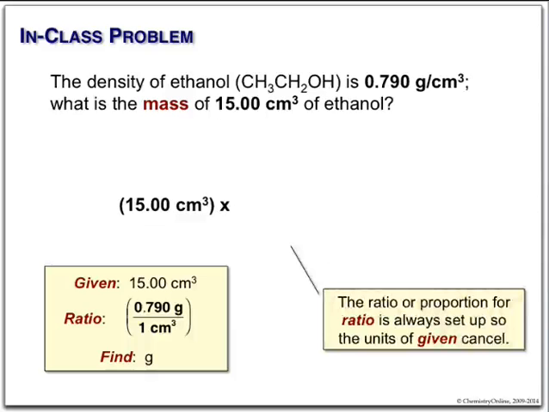So we can simply plug it in. Our cubic centimeters are going to cancel, and we're left with grams. All right, do our simple math here. 15 multiplied by 0.79 divided by 1 gives us 11.8 grams.